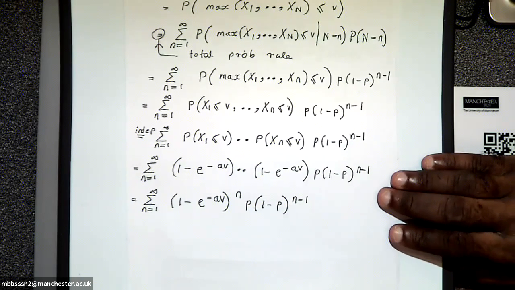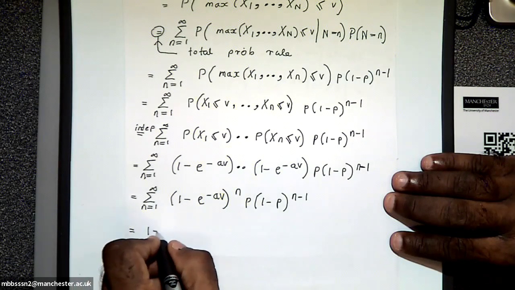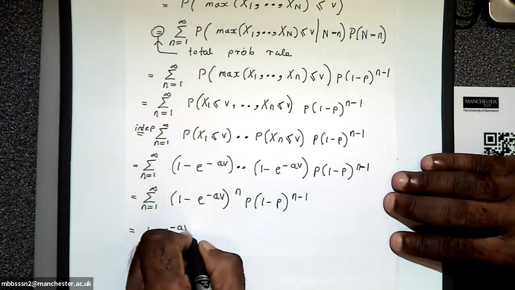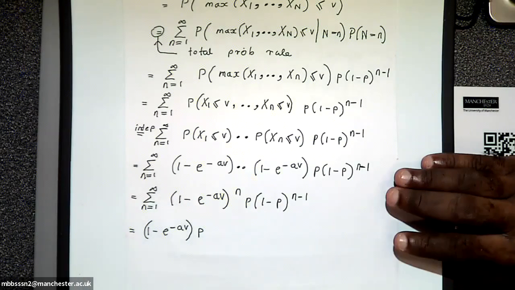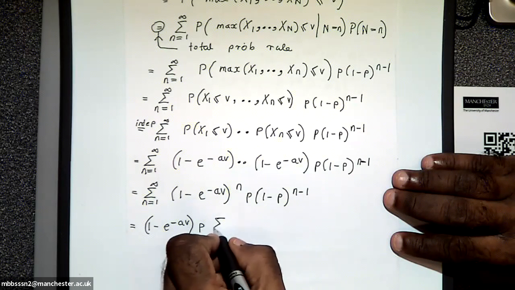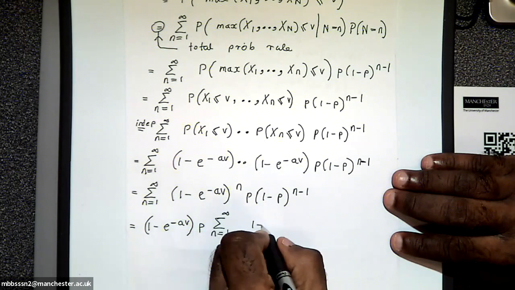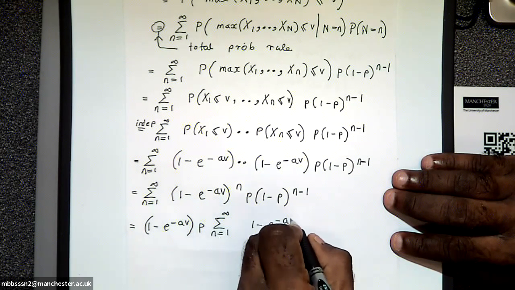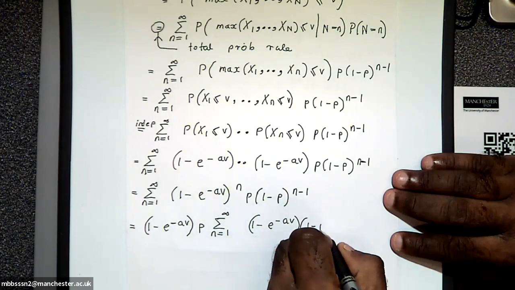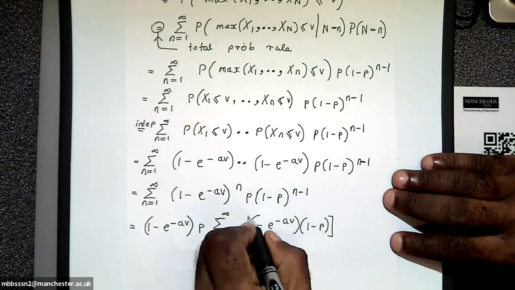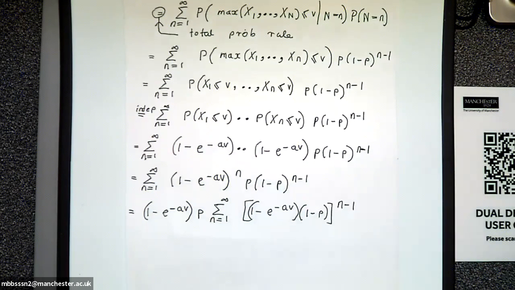Now I'm going to pull out a few things. I'm going to pull out this guy, and I'm going to pull out the P. So inside the summation, you will have this.